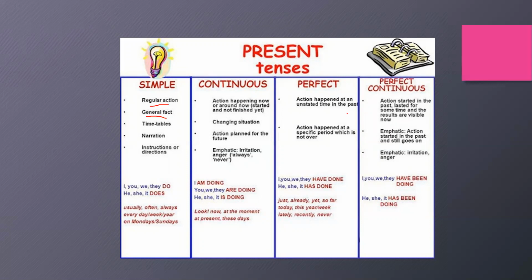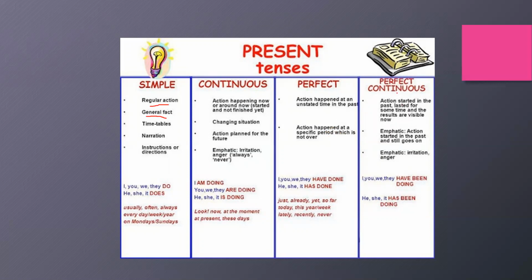And we can also state an action that happened at a specific period which is not over. She has just taken tea. I have purchased a book.